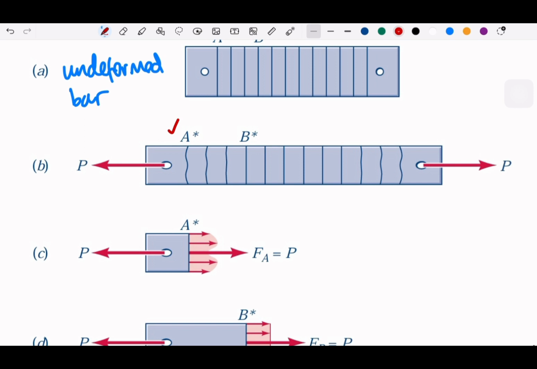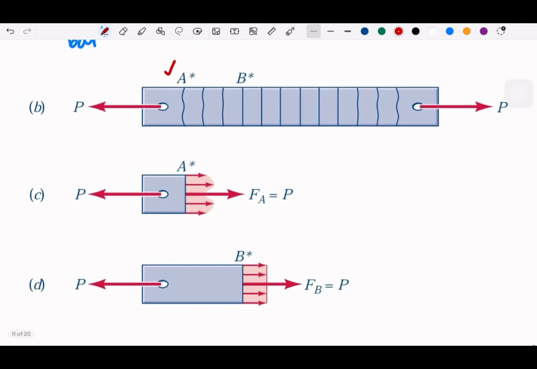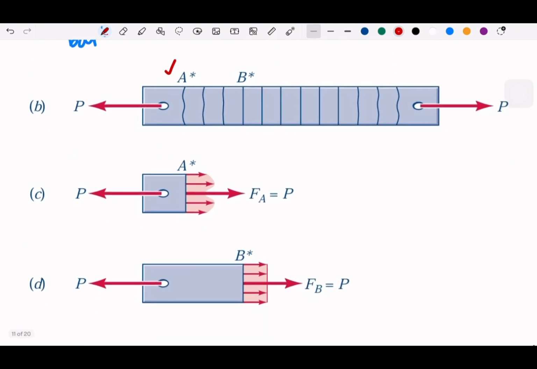We can simplify them as FA equal P. And the same thing we have on B. If we cut open B, we have FB equal P. Of course, this is going to be measured by the statics environment, right?